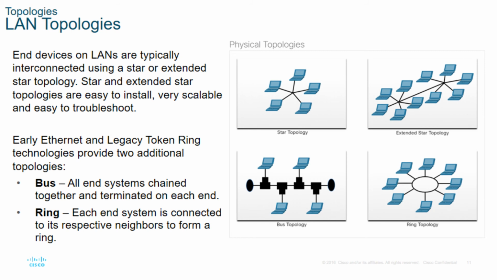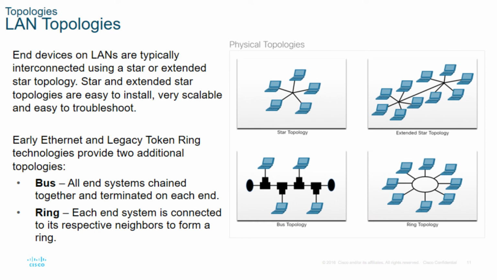Now, LAN topologies. Basically, in multi-access LANs, end devices, meaning nodes, are interconnected using star or extended star topologies. In this type of topology, end devices are connected to a central intermediate device, in this case an Ethernet switch, and extended star extends this topology by interconnecting multiple Ethernet switches.